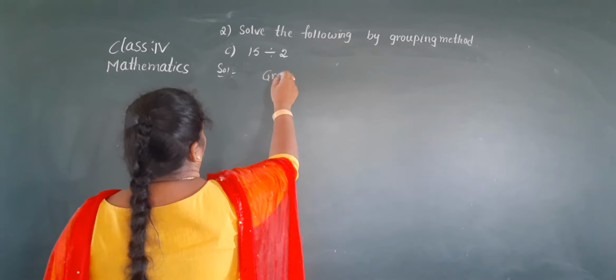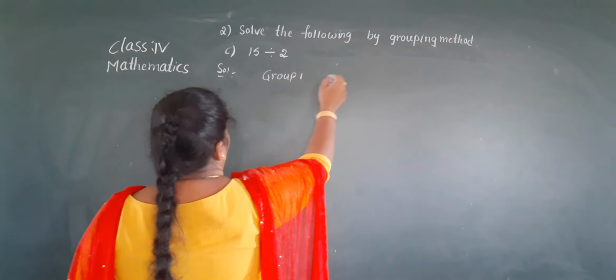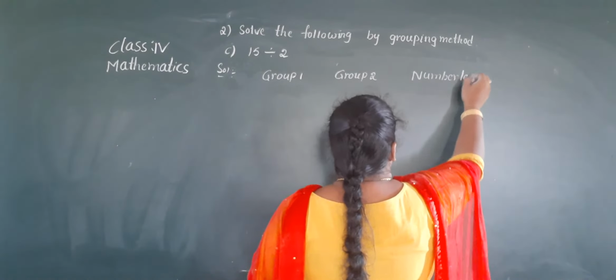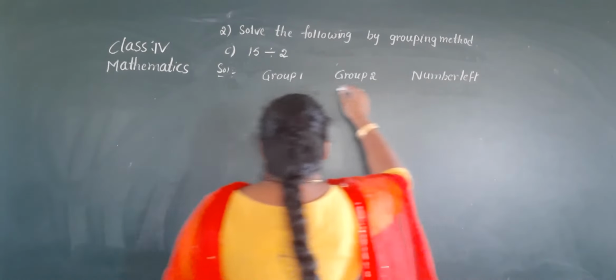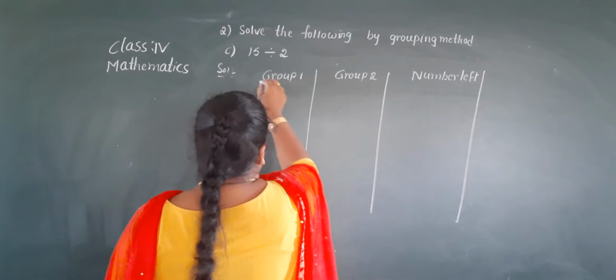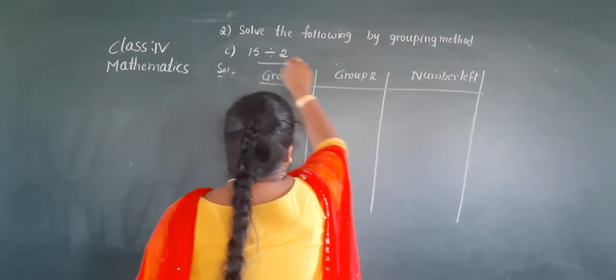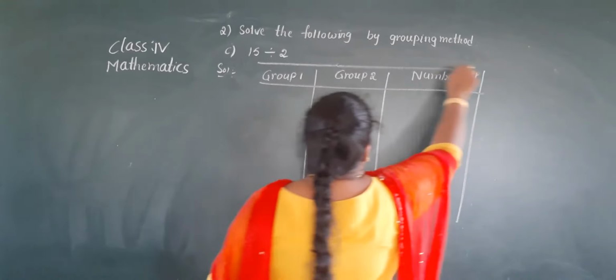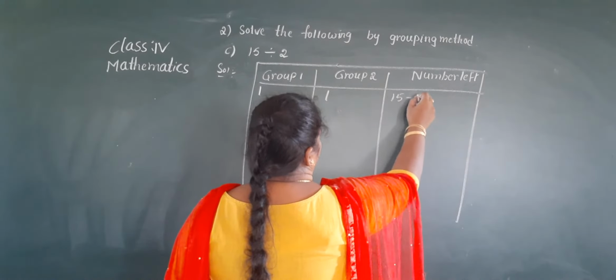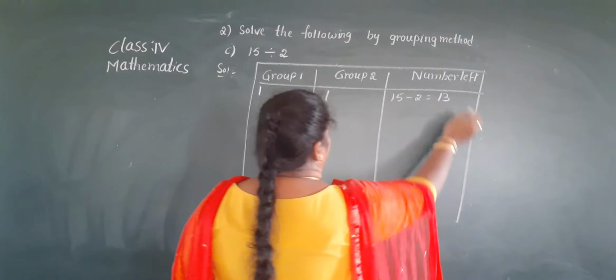So make only 2 groups. Group 1, group 2, number left. Write down, children. So make the groups. Distribute 1, 1. So total 15, 2 distributed, remaining is 13.